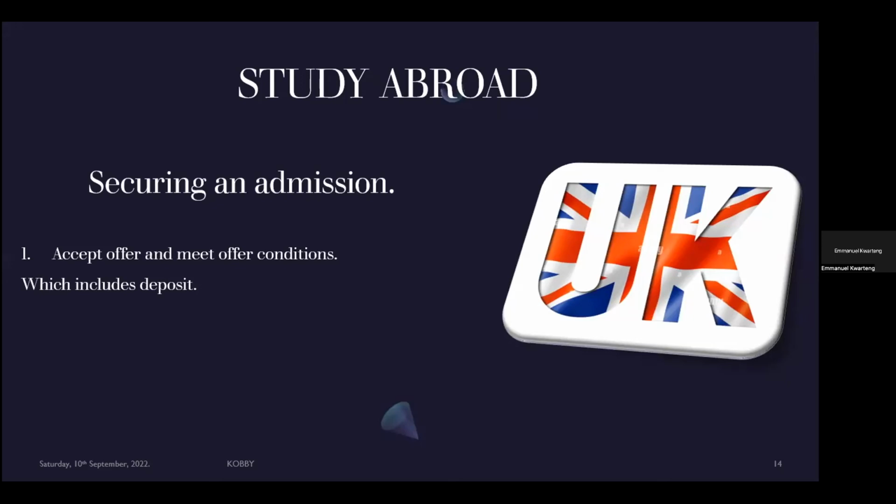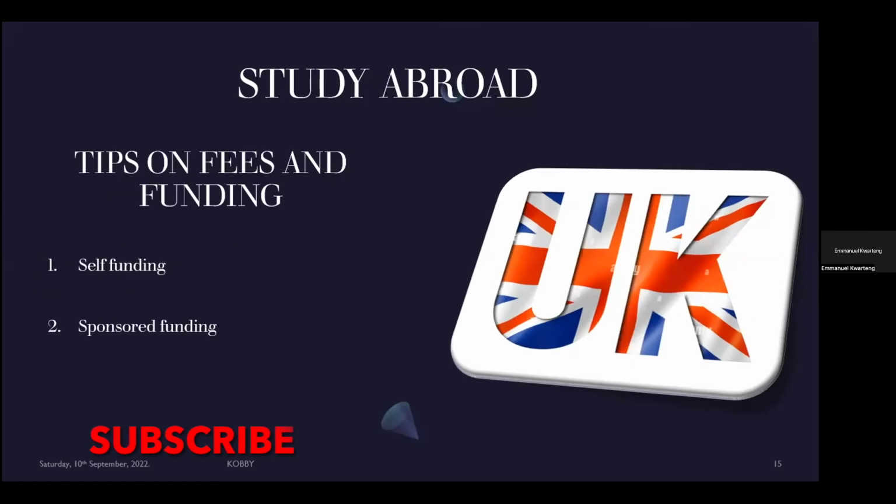A lot of the time, there is one thing that makes offers conditional. Most universities take what we call fee deposits. So when you've gotten your offer, to secure your offer, you need to pay the fee deposit. Once you've paid the fee deposit, they will issue you an unconditional offer, which again you would have to accept. When that is done, you now think of how you're going to fund your fee. Before that, remember that I spoke about the deposit.